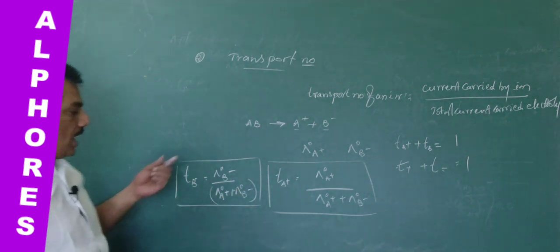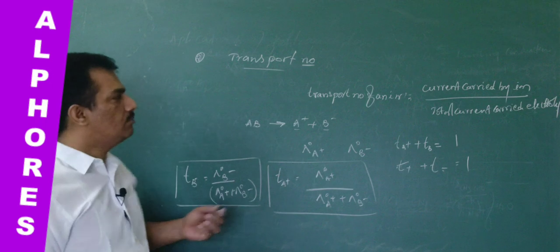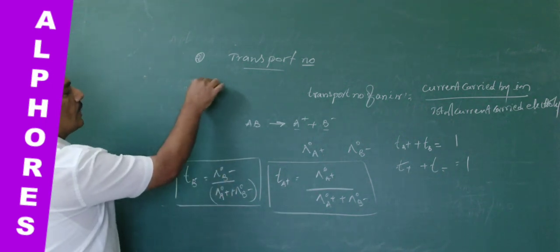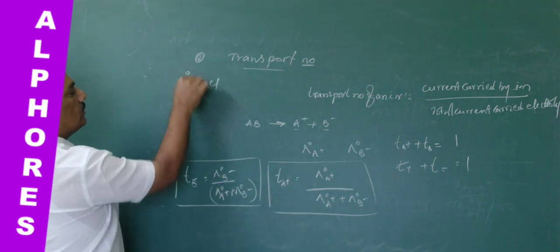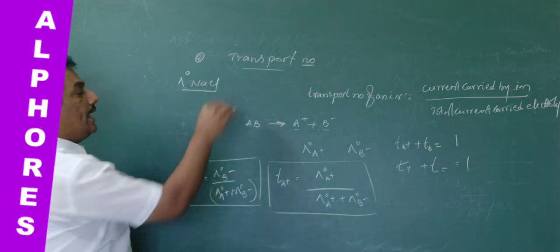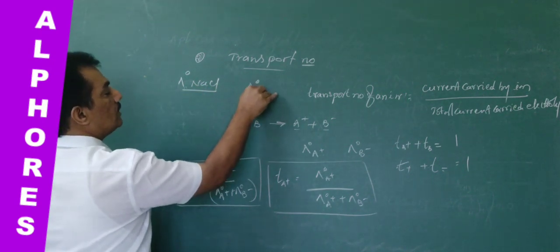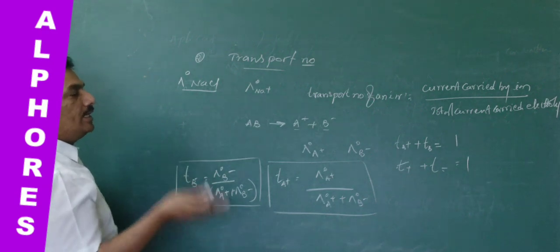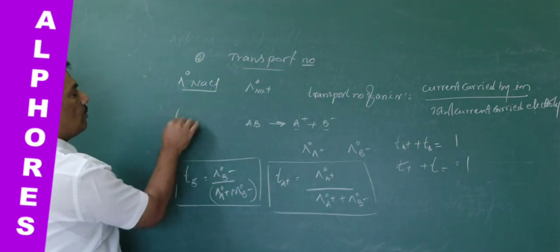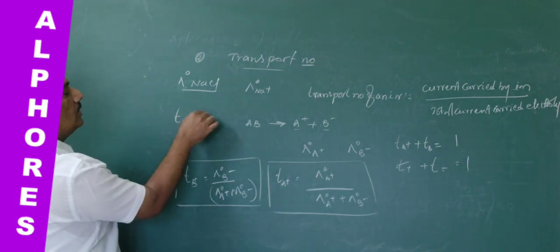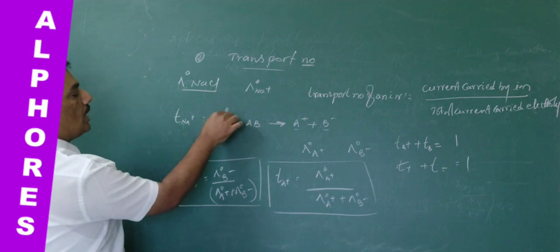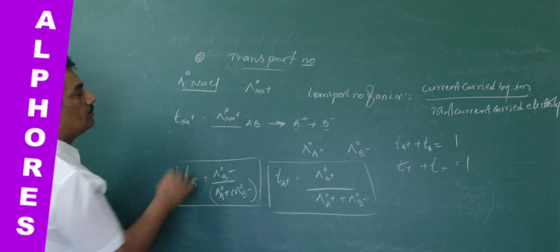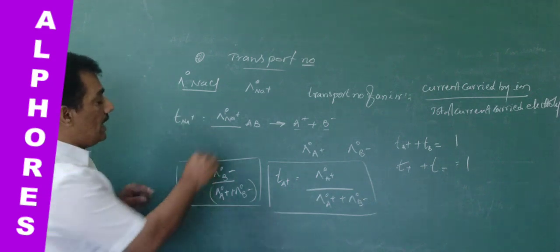If any ion conductance is given, say for example NaCl conductance is given to you, and Na plus conductance is also given to you, and now they ask for the transport number of Na plus, you just have to go for lambda naught Na plus by lambda naught NaCl.